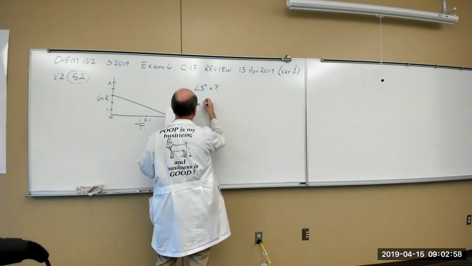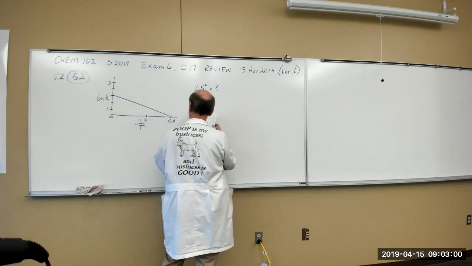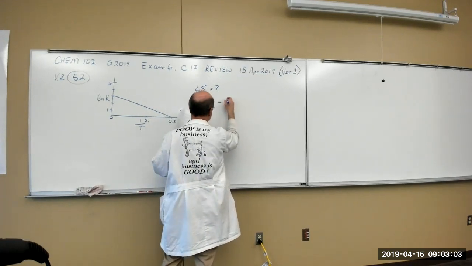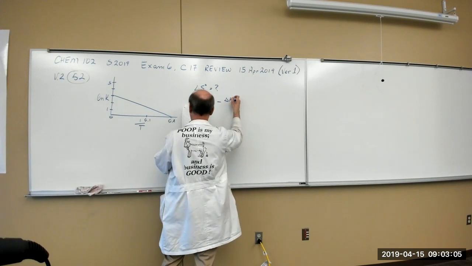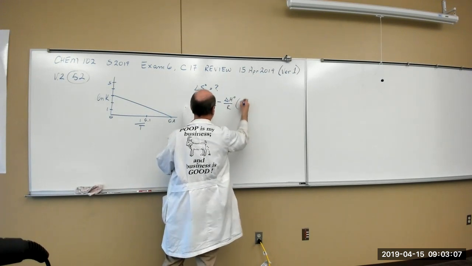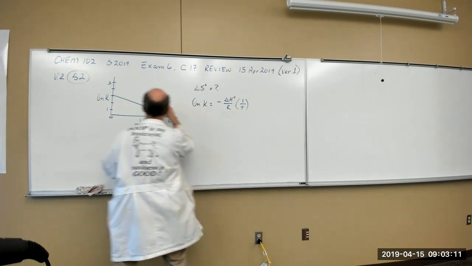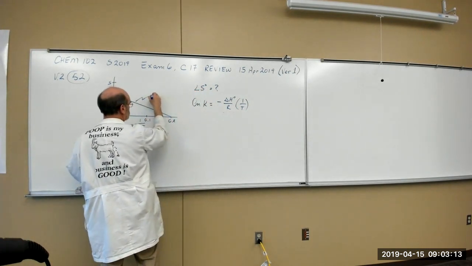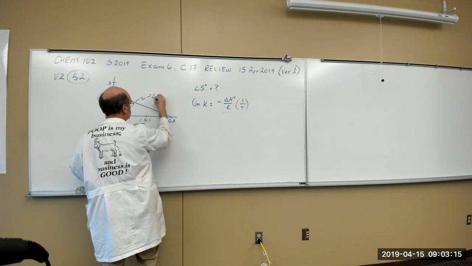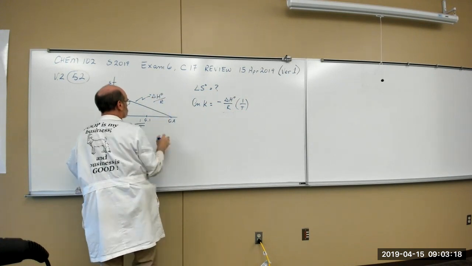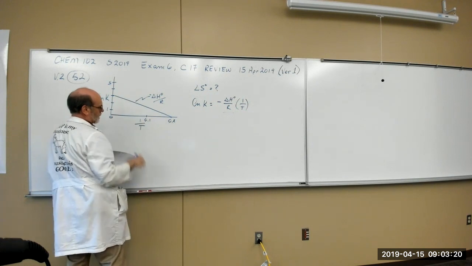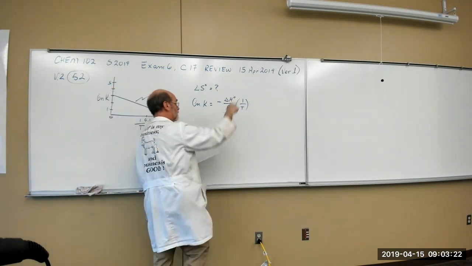Not in the slope. This is the description of that one: minus delta H over R times 1 over T. So the slope is minus delta H over R. Minus, that makes sense because it's going like that, and not like this.